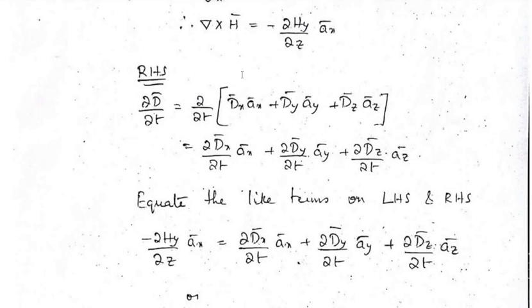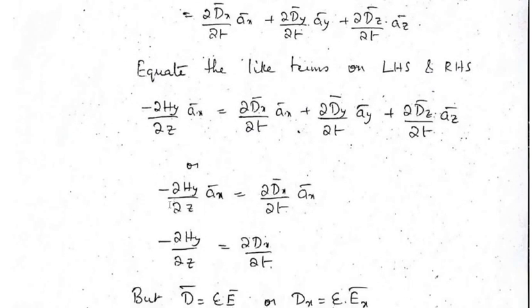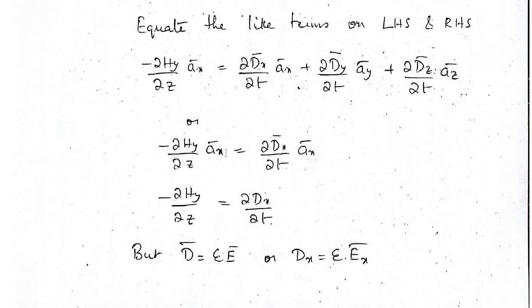Now equate the terms on the left side and the right side. On the left side we have only the Ax term, so the other two terms will be equal to zero. Write only the first term, that is minus dou Hy by dou Z into Ax is equal to dou Dx by dou T into Ax. Remove the unit vectors and this is the equation left.